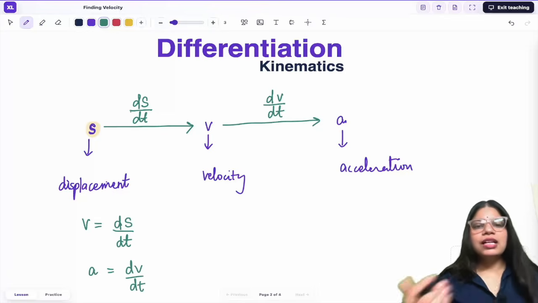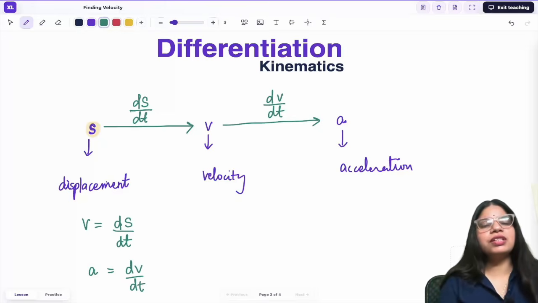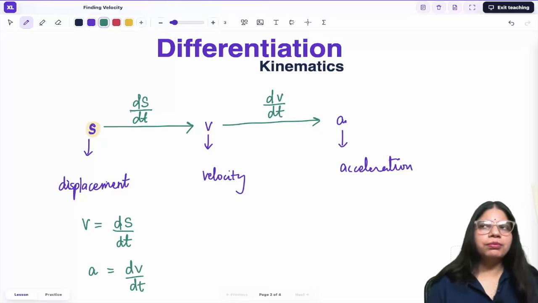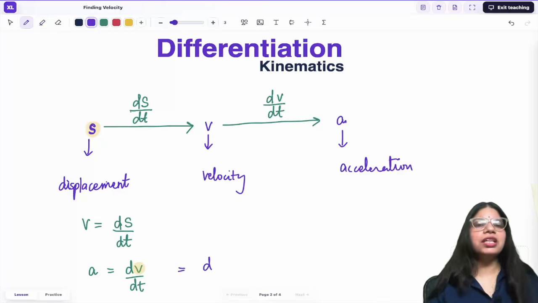Perfect. Sometimes we also need to differentiate, say for example, dv over dt, and you are actually double differentiating the top.